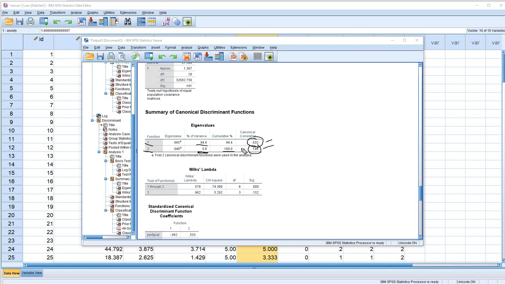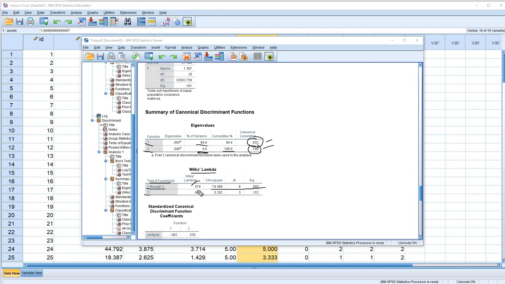Now, if we want to test our functions for significance, we do that by going down to this table again. And you can see that we have functions 1 through 2 and then 2. What this is reflecting is a peel-off procedure for testing the discriminant functions. So the first test, this first chi-square test, is a test of the combined effects of functions 1 through 2.